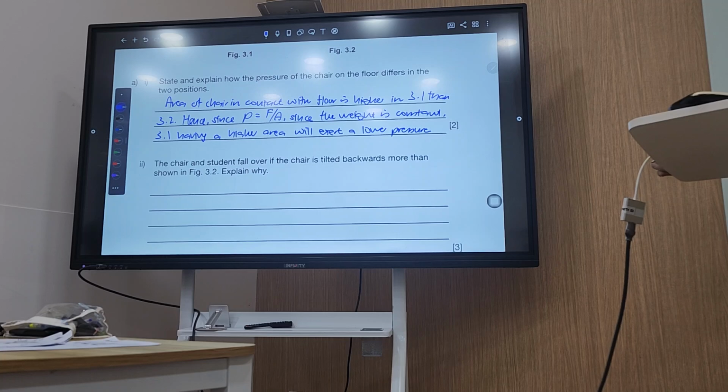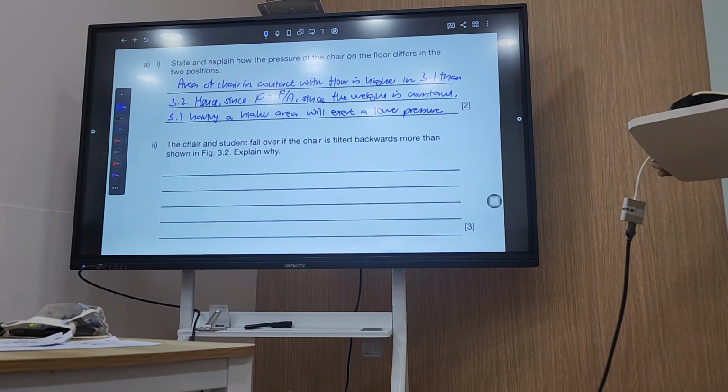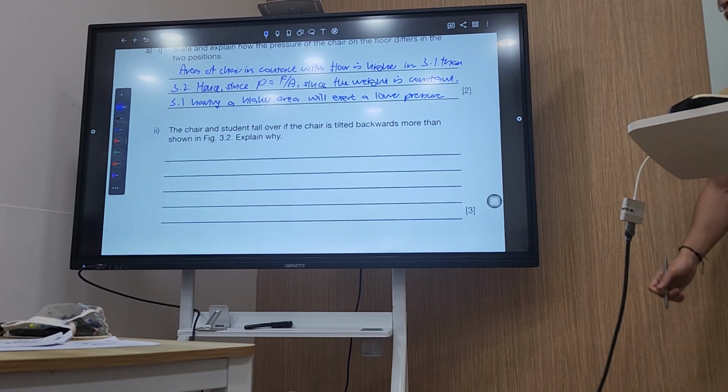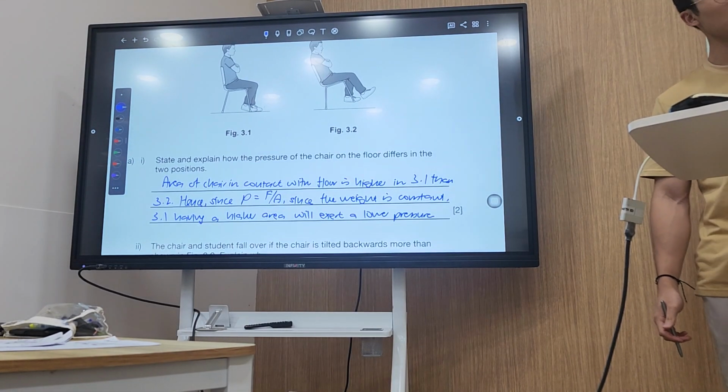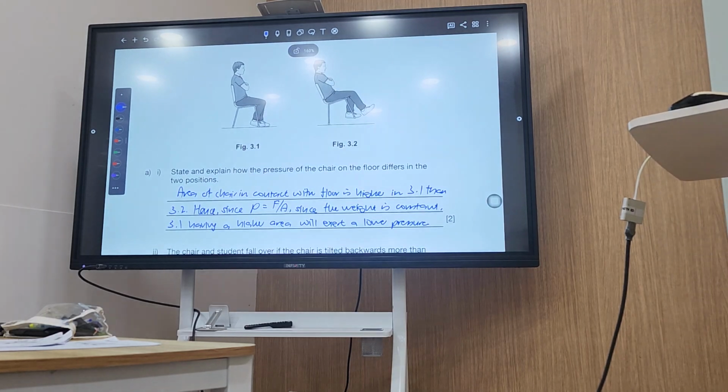I think you said force instead of weight. Yeah, that's right. Here, the chair and the student fall over if the chair is tilted backwards more than what is shown in figure 3.2. Why? Sherry, what do you think?